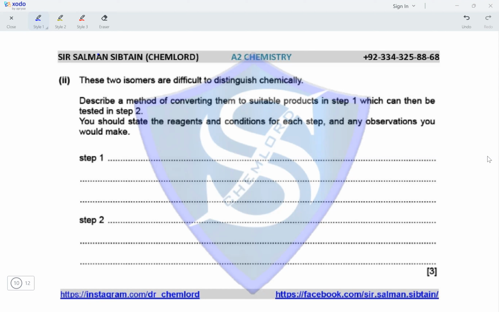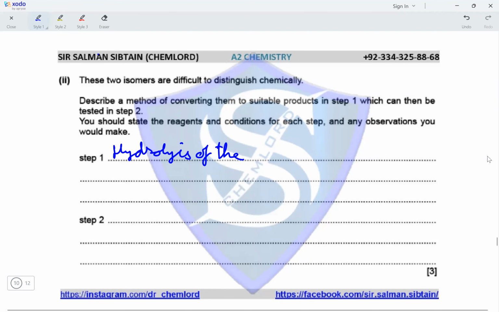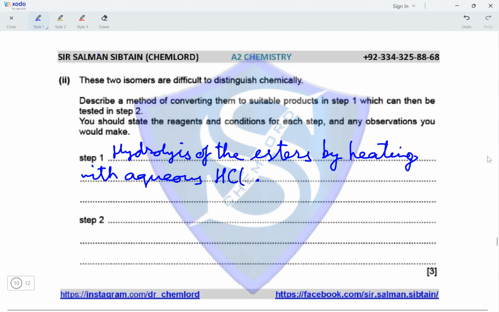So step 1 would be hydrolysis of the esters by heating with aqueous HCl, that would give us carboxylic acids and alcohol and phenol.